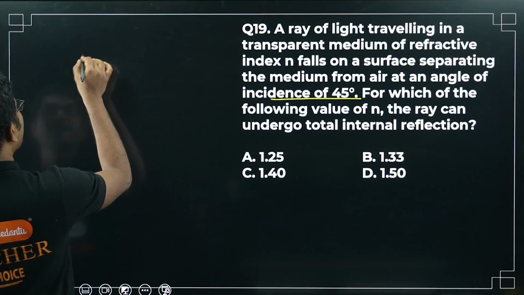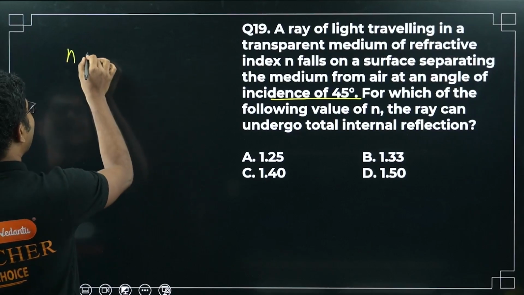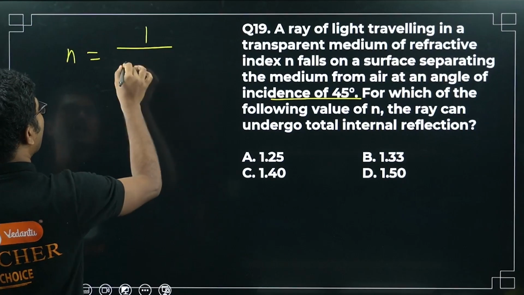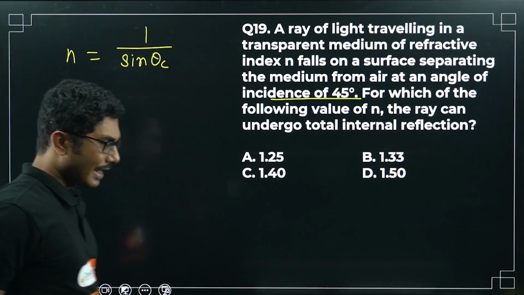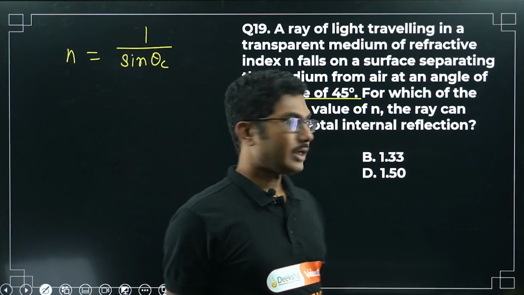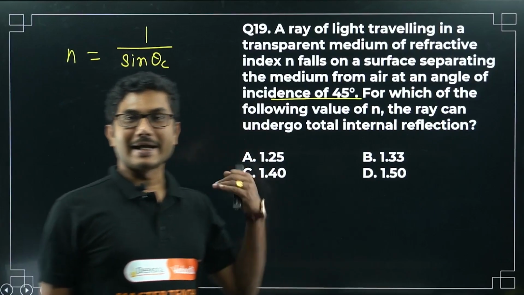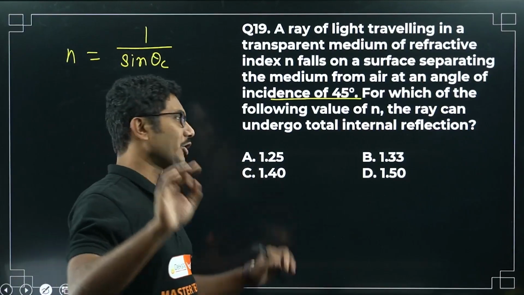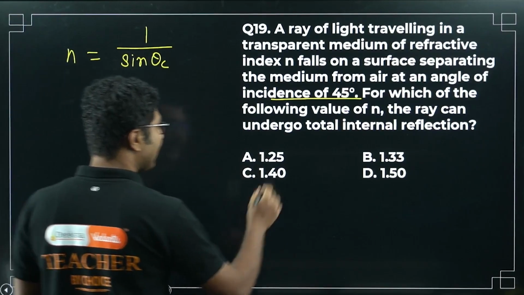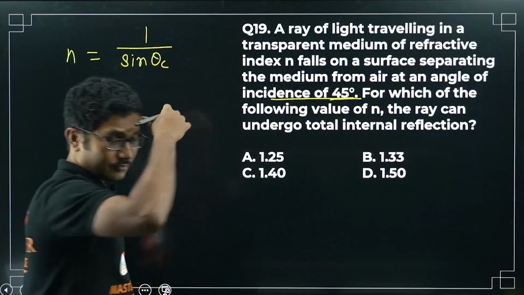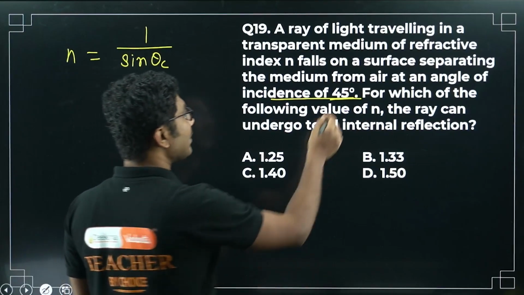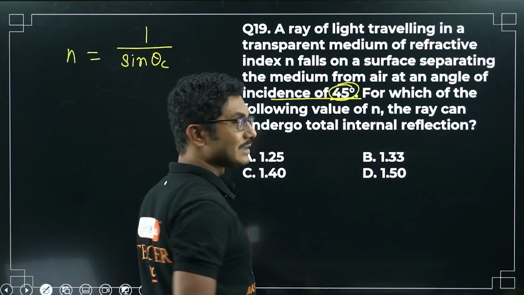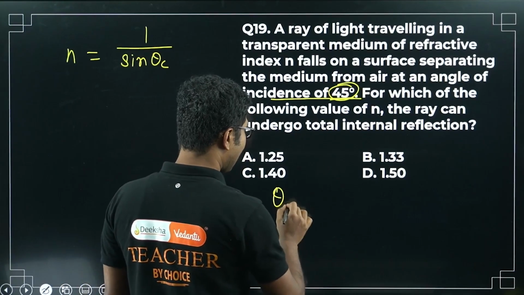So we know that if the refractive index is n, then the relationship between the critical angle and n is given by sine theta C equals 1 by n. So you don't need to find sine inverse for each of them. That is the shortcut way. If there was total internal reflection, then you can consider this 45 degree angle as the critical angle.